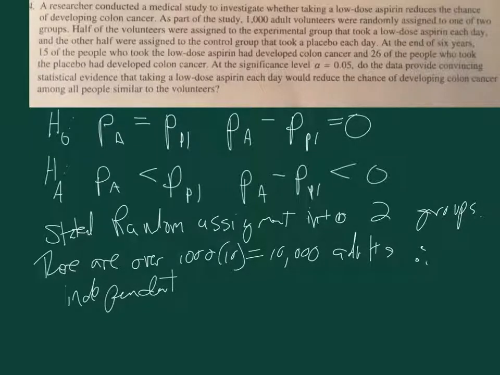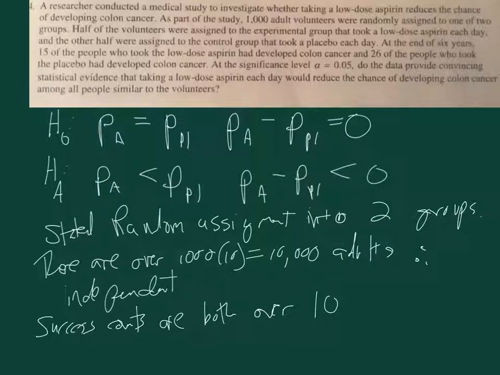Then, since it's a proportion problem, I'm counting number of successes, and success count and failure count are both over 10. NP and NQ, that is. Remember, NP greater than 10, NQ greater than 10.